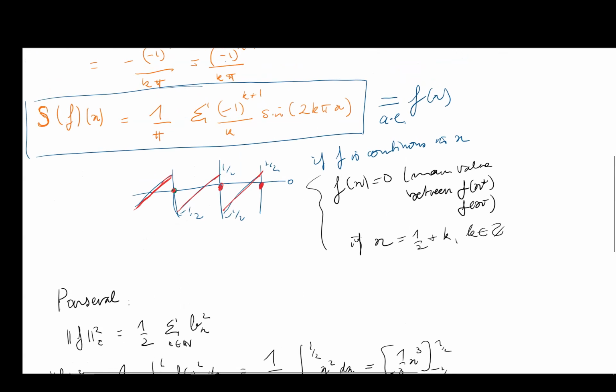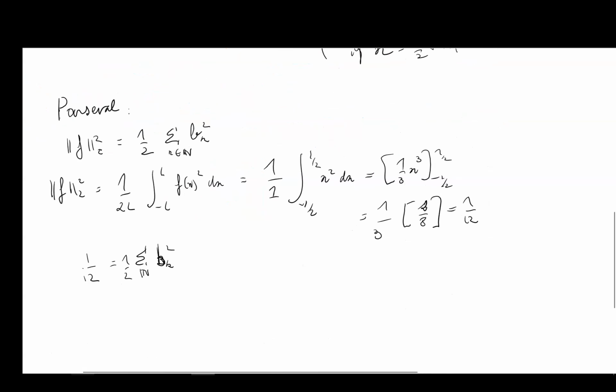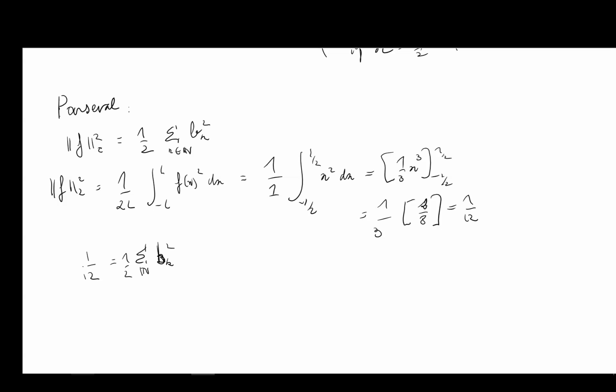So what is that equal to? Let's remind ourselves, the bk were 1 over pi times (-1)^(k+1) over k. So let's write what we have here. That should be equal to 1 over 2 sum of 1 over pi squared, we shouldn't forget that one, times (-1)^(k+1) squared, so that's going to be 1 over k squared.